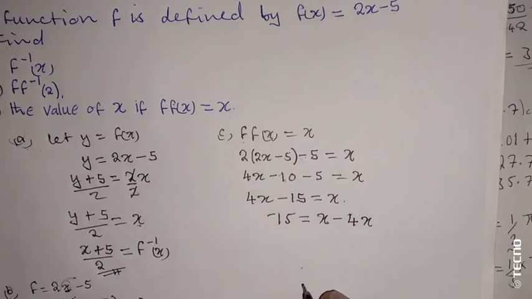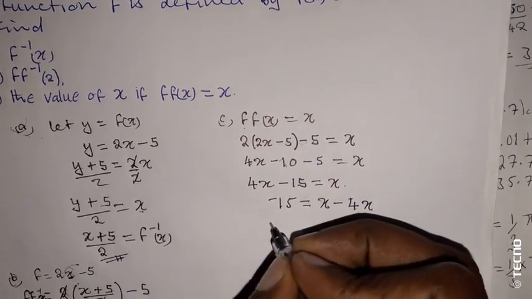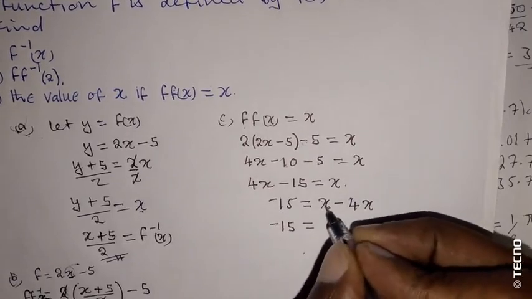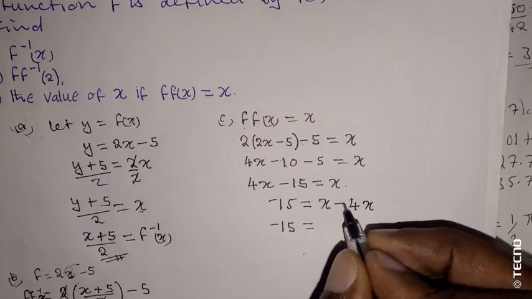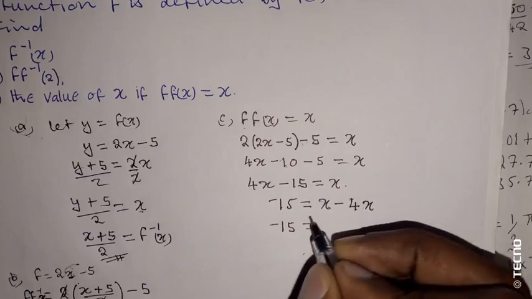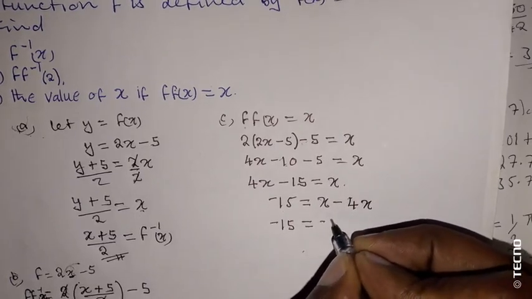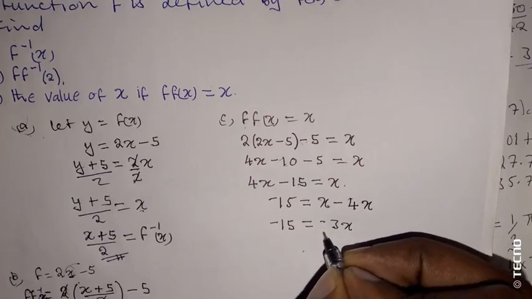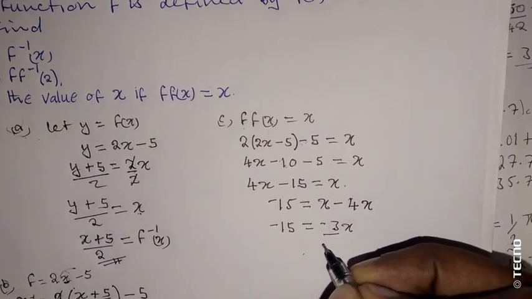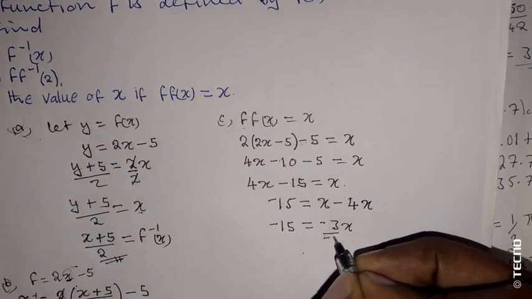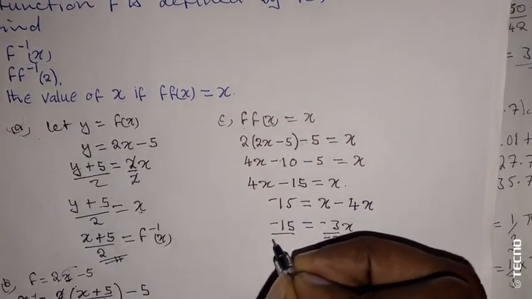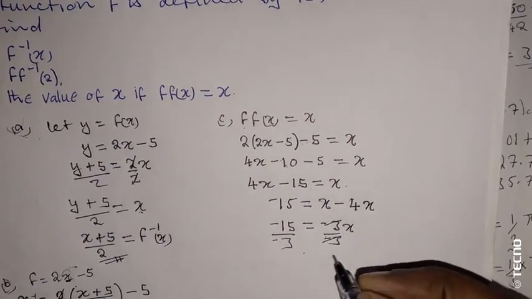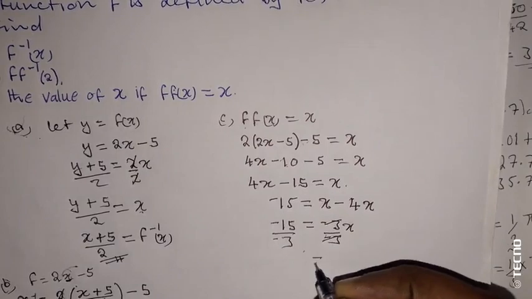So this is what we're going to have. Negative 15 is equal to x minus 4x, so we're going to have a negative 3x. So divide throughout by negative 3, even this side negative 3, there it goes. Then here we'll remain with x.